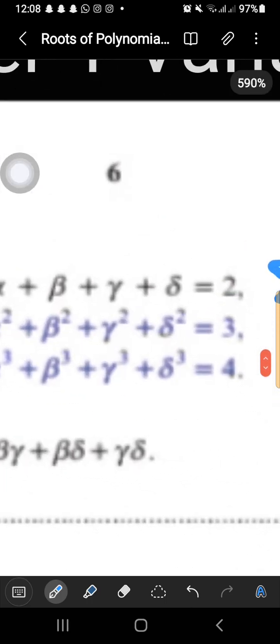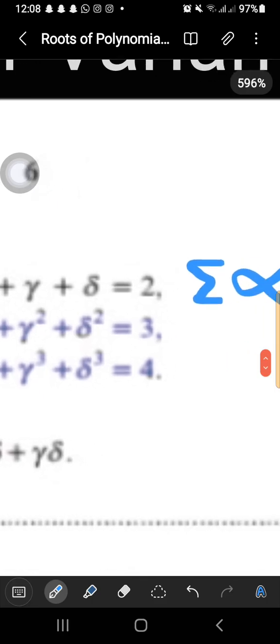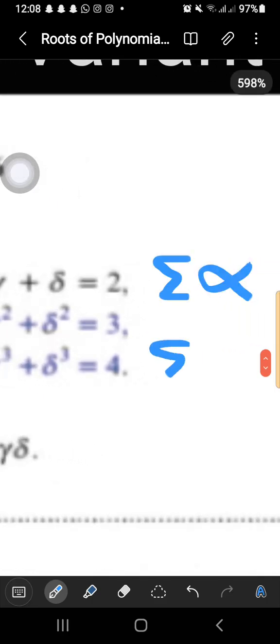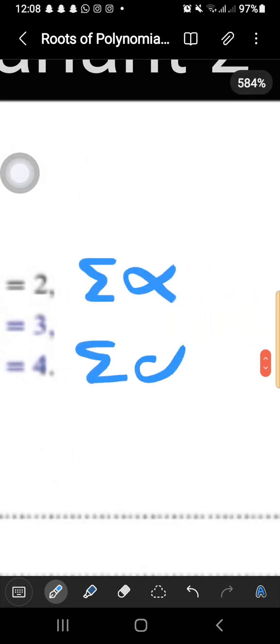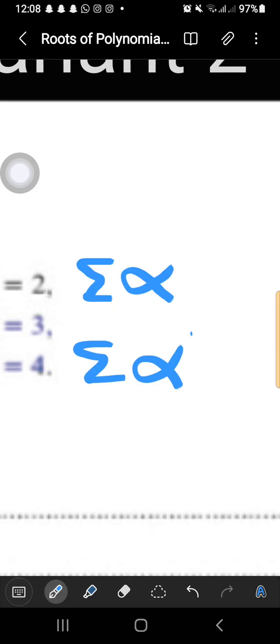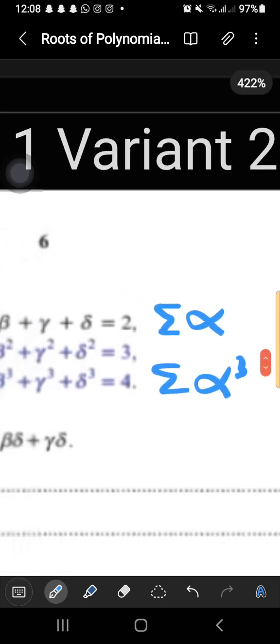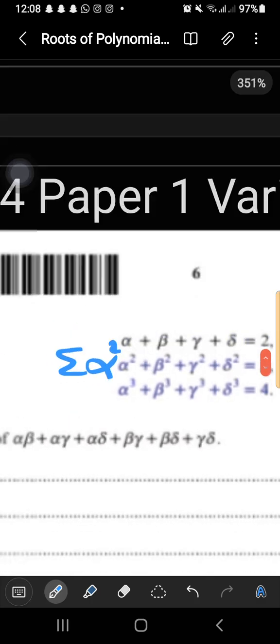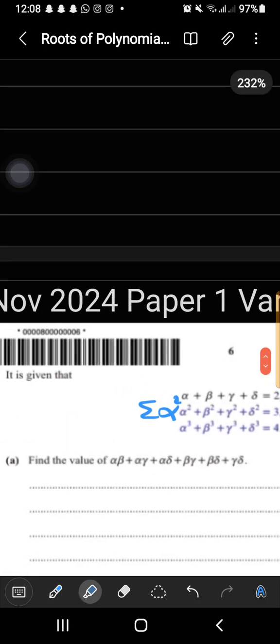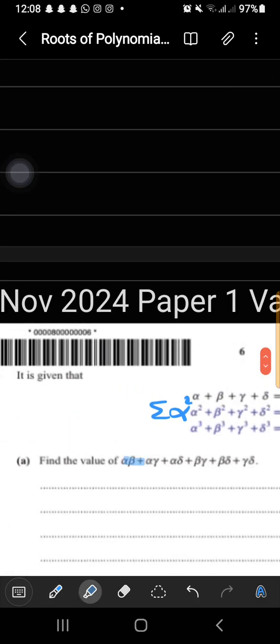Alpha cube plus beta cube plus gamma cube plus delta cube can also be written as summation of alpha cube. Now let's see what the first part is saying to find out. The first part is saying find the value of alpha beta plus alpha gamma plus alpha delta plus beta gamma plus beta delta plus gamma delta.